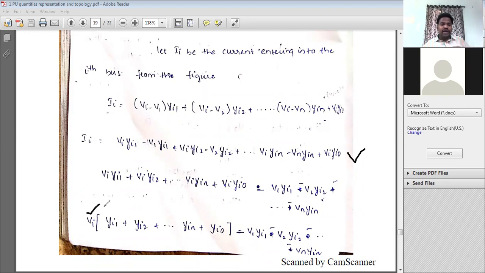If you take Vi common from all the terms, you will have Yi1 plus Yi2 plus Yin and so on plus Yi0, minus V1 into Yi1 minus V2 into Yi2 minus Vn into Yin, etc. I have simply expanded all the terms and taken Vi common from all the terms which contain Vi, right?